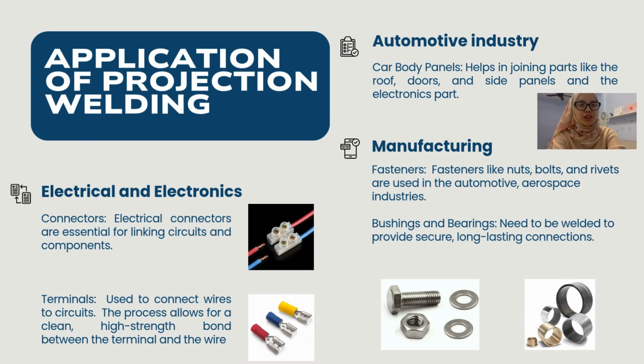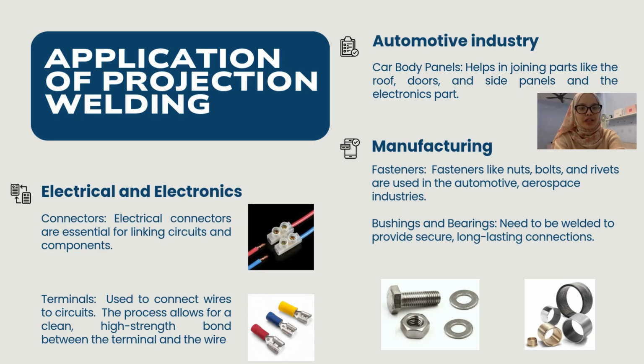Moving to the next part, which is the application of projection welding. Projection welding is essential in automotive manufacturing for assembling body panels, chassis, and electrical components. It delivers strong, distortion-free welds ideal for high-precision parts.